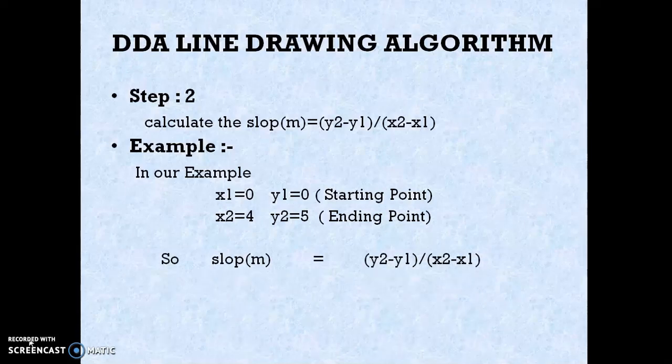So slope m is equal to y2 minus y1 divided by x2 minus x1. Now put the values: 5 minus 0 divided by 4 minus 0 is equal to 1.25.